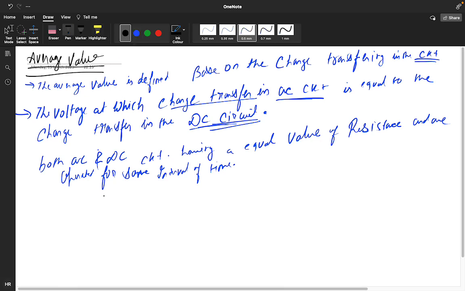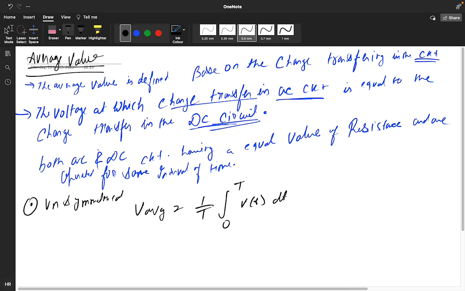Remember one thing: the average value will not always be 0. For an unsymmetrical network it won't be 0, but for a symmetrical network it will always be 0. For unsymmetrical, V average is nothing but the mean, 1 by T, integral from 0 to T, V of t into dt.